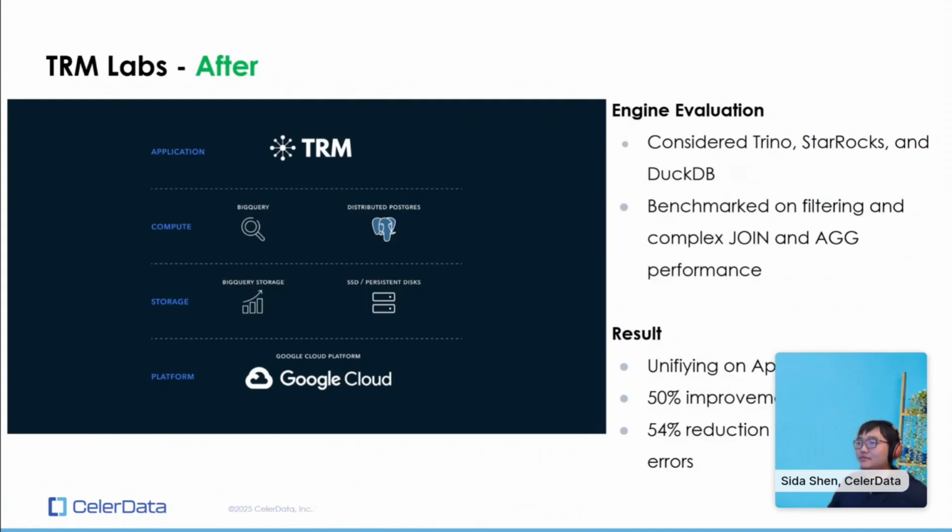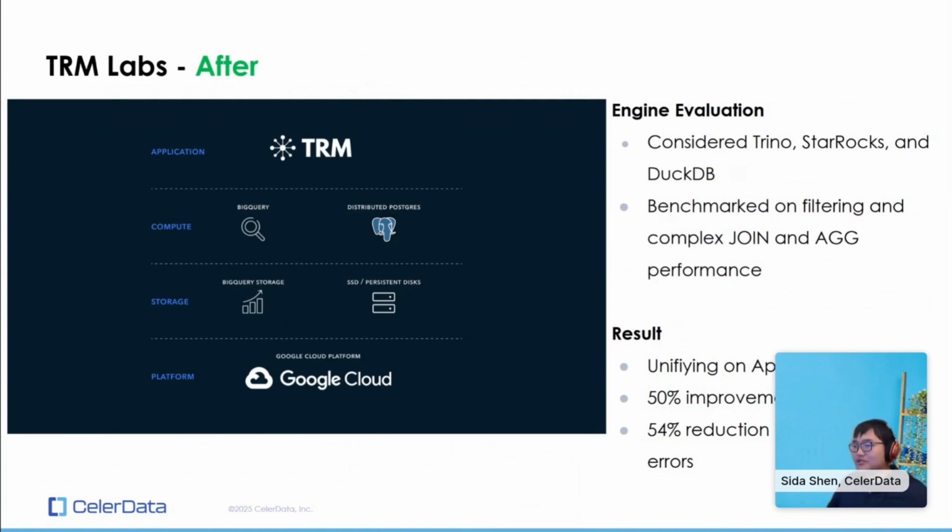Then they considered other solutions, and they ended up unifying all of the data on Apache Iceberg. They considered different compute or query engine options: Trino, StarRocks, and DuckDB, and they benchmarked on pure filtering performance and complex join and aggregation performance.